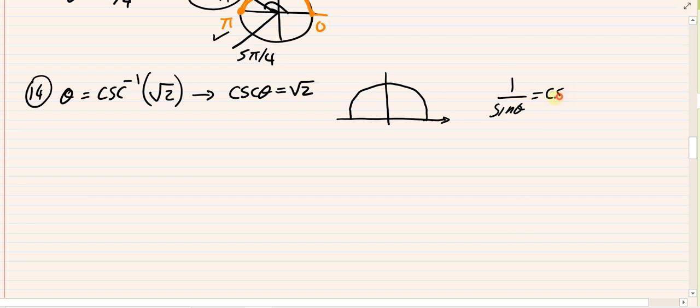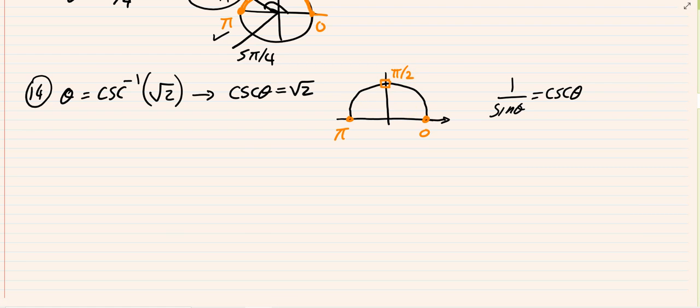So I'm going to recall that the range of sine inverse was from 0 to pi, and the exception, because of division by 0 here at pi over 2, we're going to exclude, and that's not going to be in the range of the inverse. So there you go. That's the range for cosecant inverse.